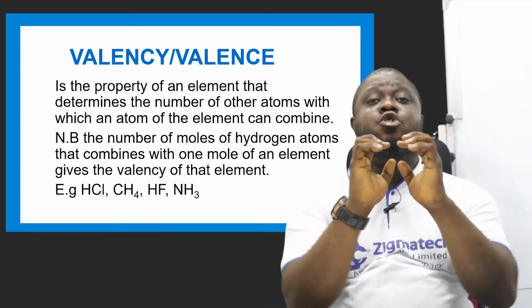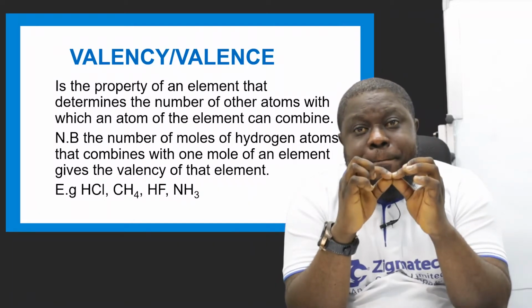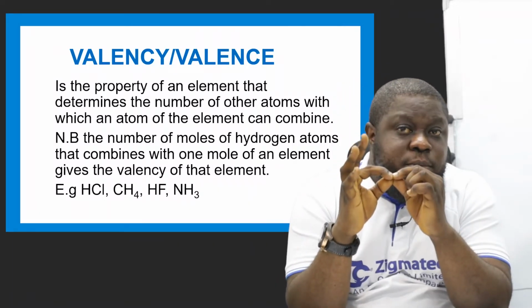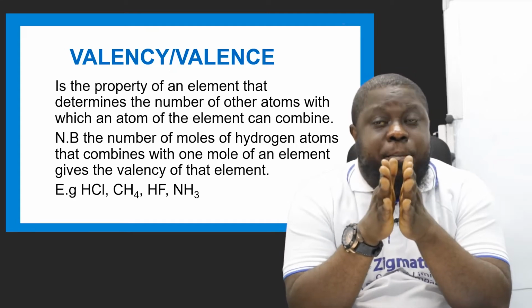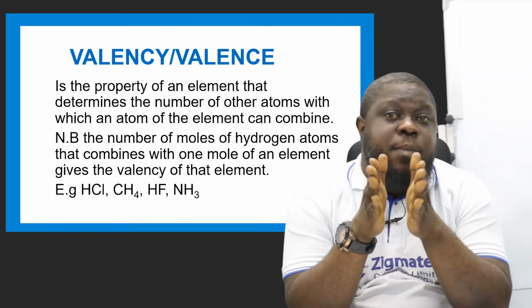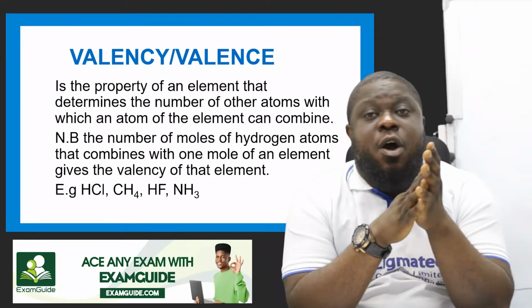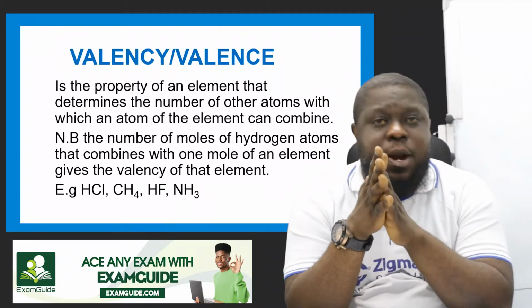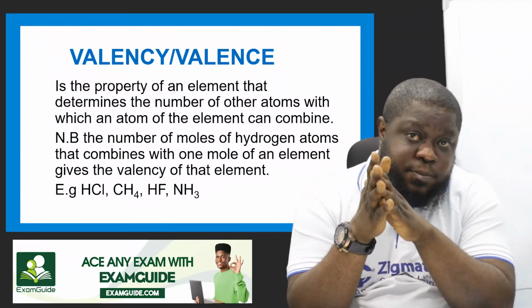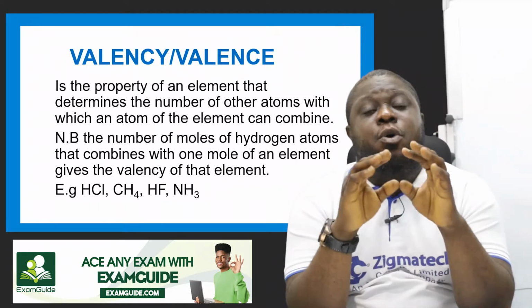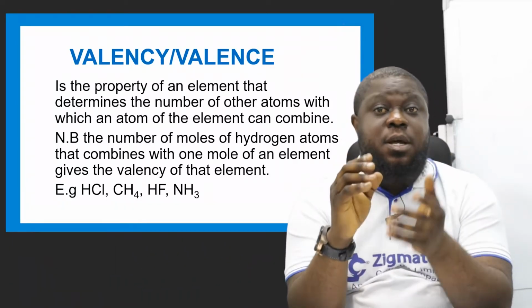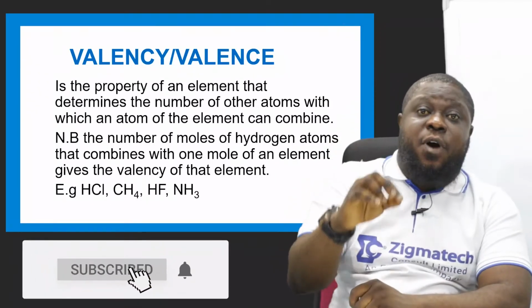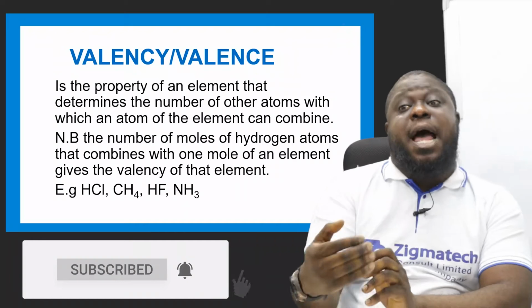I call it moles because it has formed a compound. When it comes in a compound, it's no longer atoms, it is called molecules or moles. I want to expatiate it very well for you so that you understand what I'm saying. The 3 for hydrogen is 3 atoms of hydrogen.